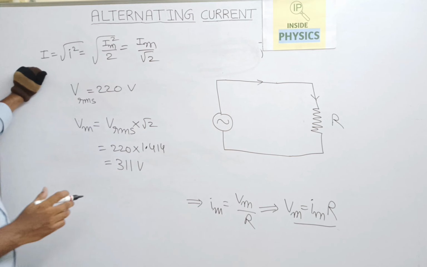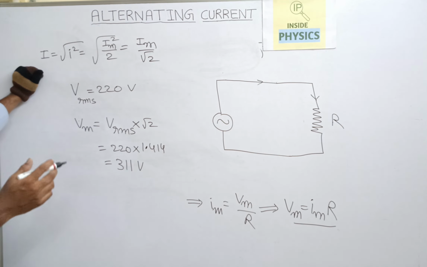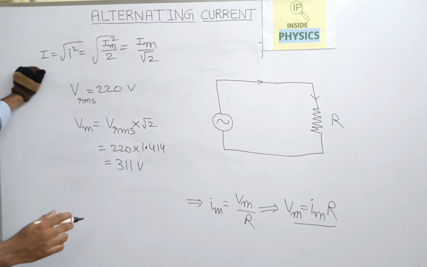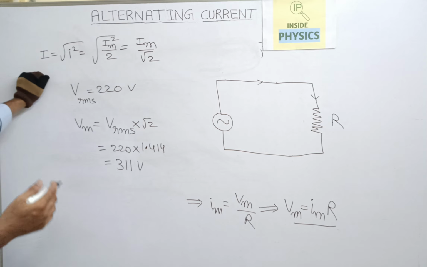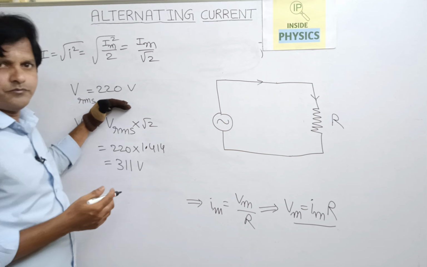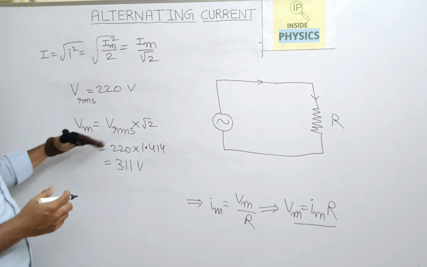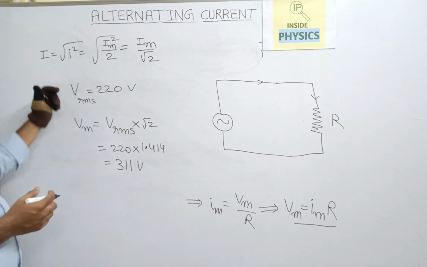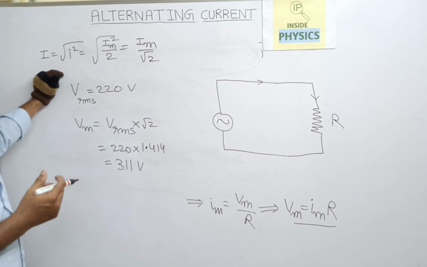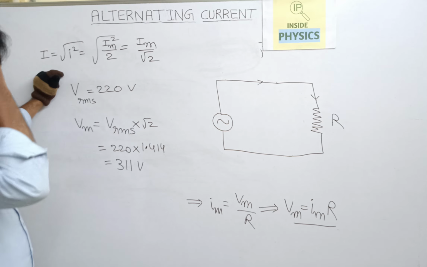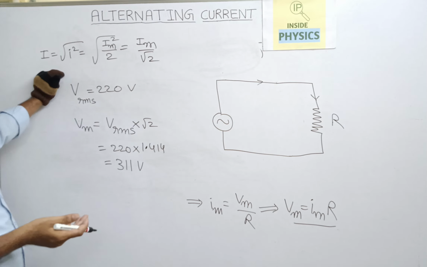When an alternating current is given to an inductor or capacitor, how to get the value of the current, and how we calculate the RMS value, average current or average power, we will see in the next video.